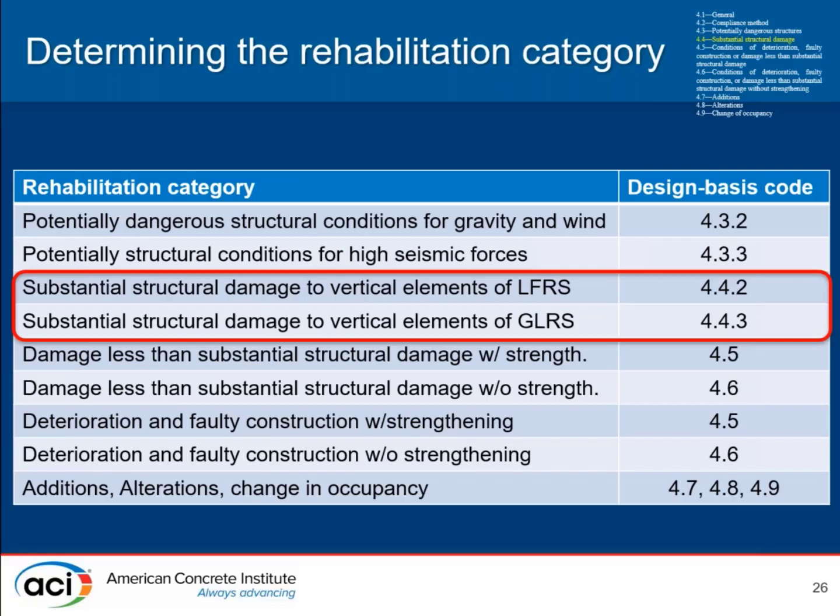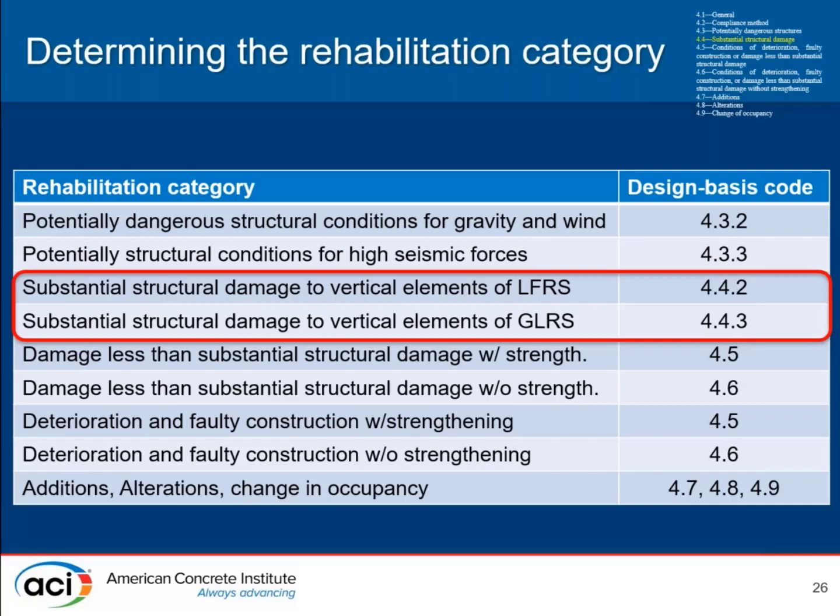And so the various things that are shown here are providing measures for deciding how you're going to deal with that unsafe condition, and in particular, what rehabilitation category you're going to be using to address the deficiency.